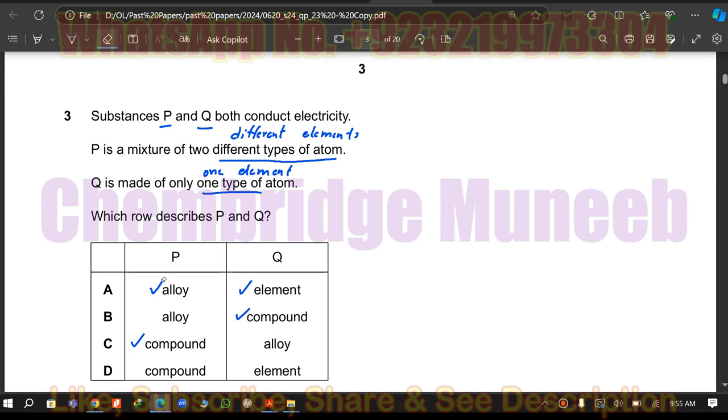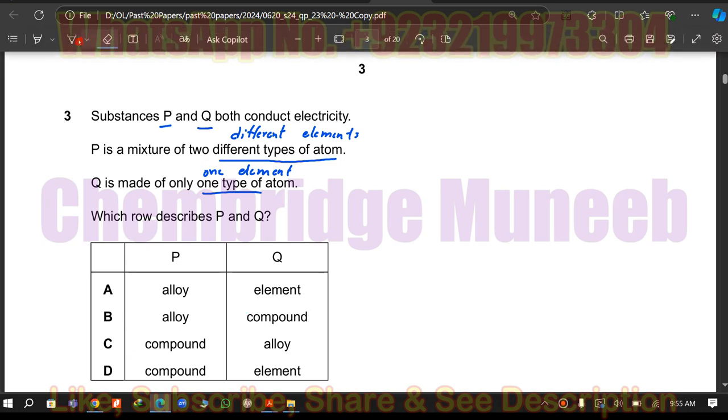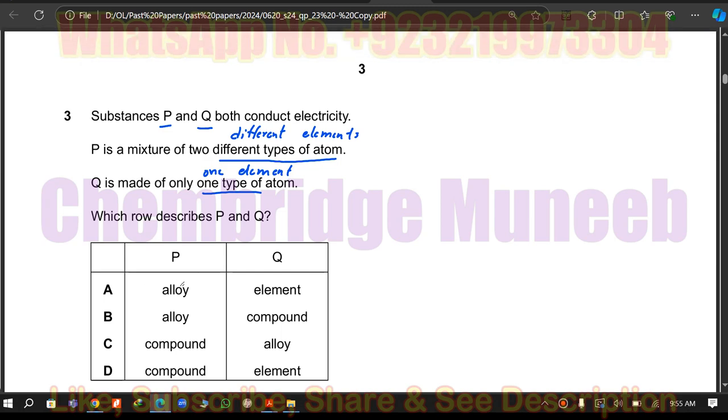It means we can now match this statement with the information provided in the table. When it says that P is a mixture of 2 different types of atoms, or in other words 2 different types of elements, then it is clear that it can only be an alloy.